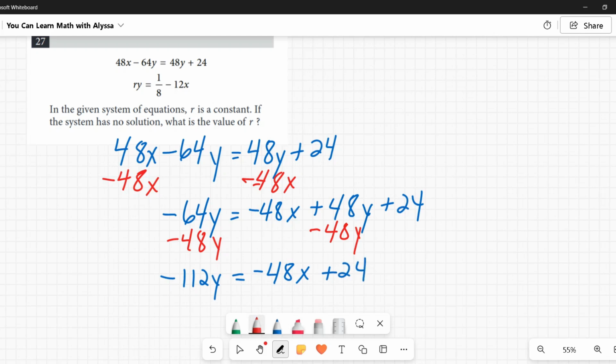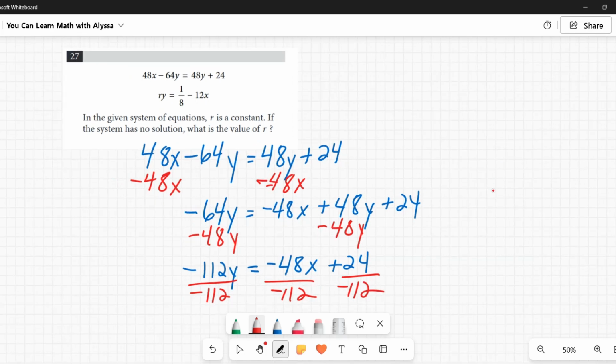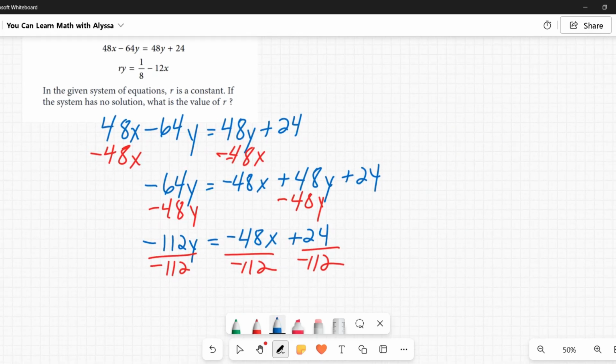Now I'm going to divide everything by this negative 112. So now I have just y by itself, and it's equal to, and those negatives cancel out, 48/112 x plus, actually let's change that to minus, instead of plus a negative, let's just make it cleaner.